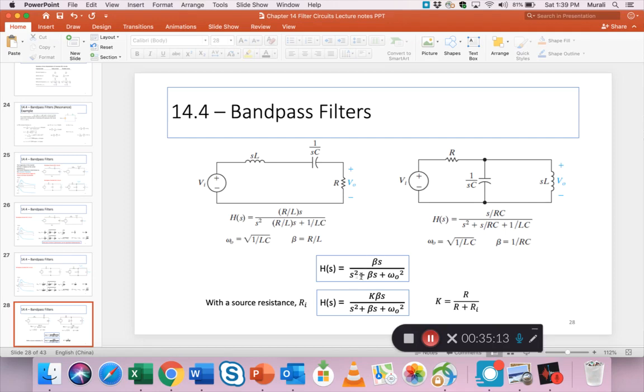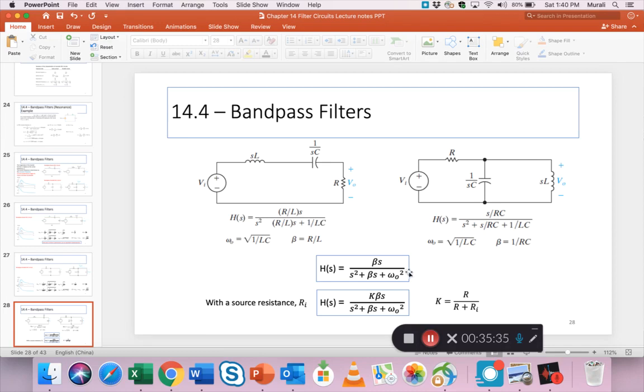The transfer function in terms of beta comes out similar, in the same form, but if you don't use beta and you're directly using the R or C values, then the transfer function looks different. So it's better to stick to first calculating beta and then using the same formula for the two.